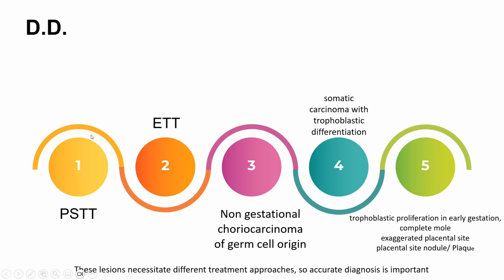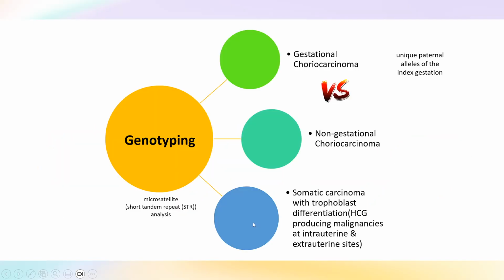Differential diagnoses include the other GTNs, the non-gestational choriocarcinoma of germ cell origin, somatic carcinoma with trophoblastic differentiation, and the other benign and precursor lesions that we have just mentioned. So let me remind you that we have a non-gestational choriocarcinoma, and we all know that the gestational choriocarcinoma is the one that is way more chemosensitive.